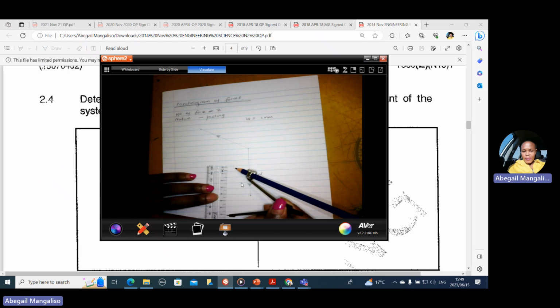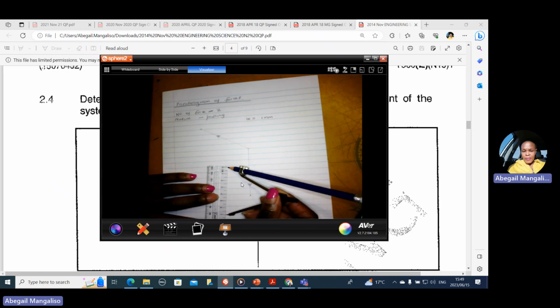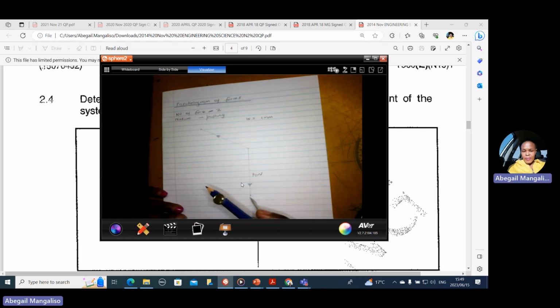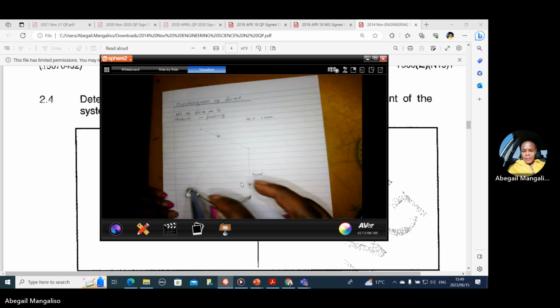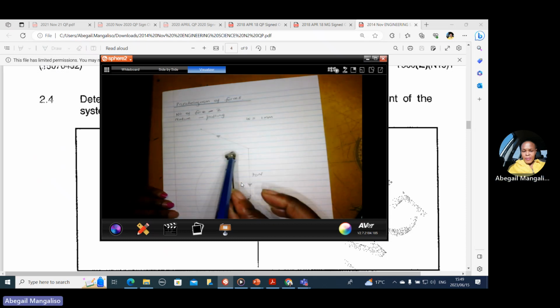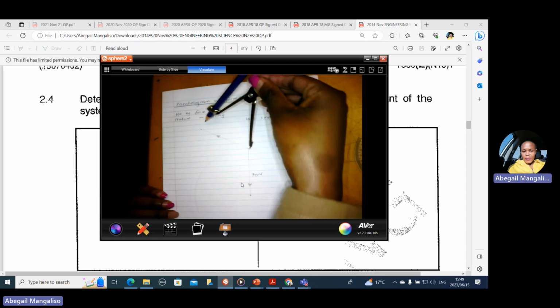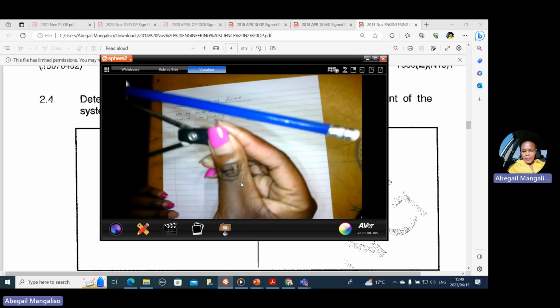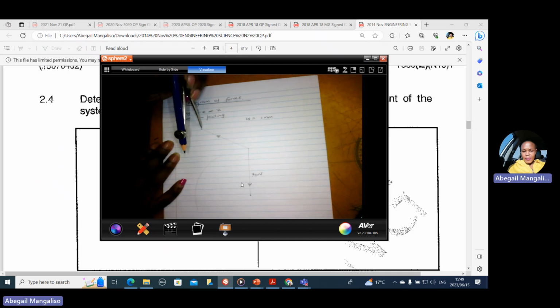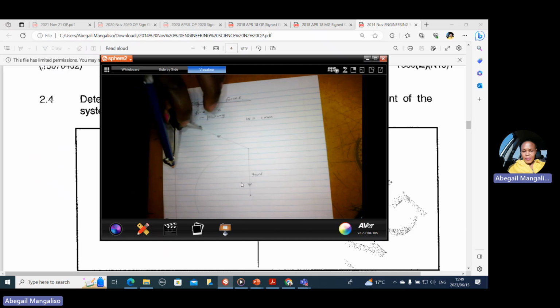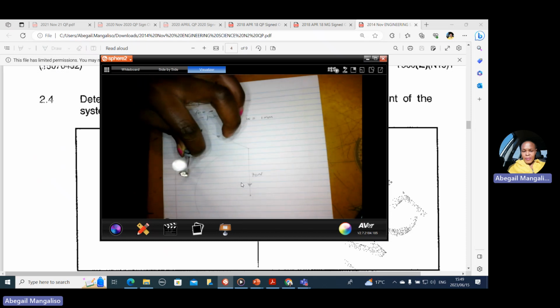Even if you use a ruler, you're still going to get 70. Then I'll put the compass at the end of this line and scribe an arc. Since this is also 70, I'm not going to change the measurement on the compass, but I'll put it at the end of the other line. They are both equal to 70, and scribe another arc.